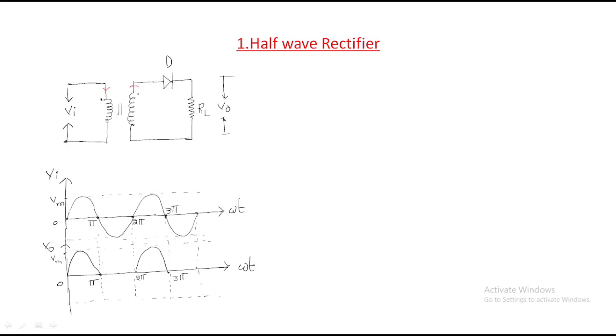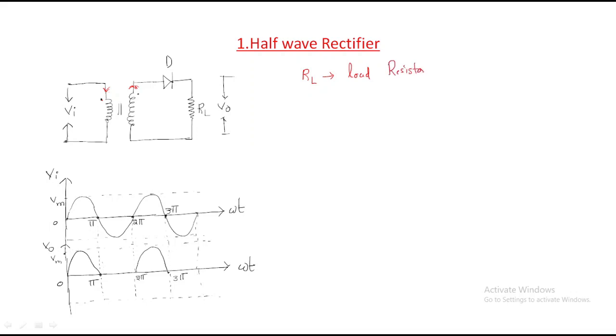For any transformer, on the input side the entering is the dot, and on the output side the exiting is the dot. We give the input to the primary side of the transformer, and we take the output through one diode. In order to get the output we connect the load. RL is nothing but the load resistor.